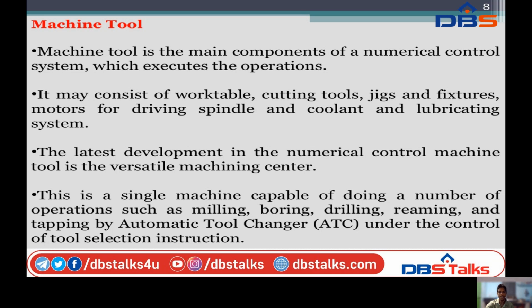All operations are done at a time by using the automatic tool changer, ATC, under the control of tool selection instructions. It is the latest development in numerical control machines.